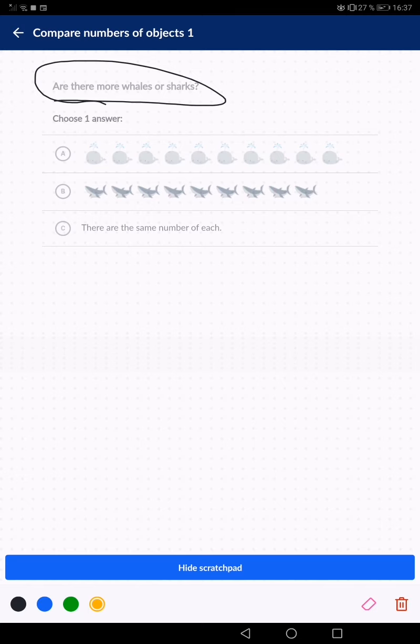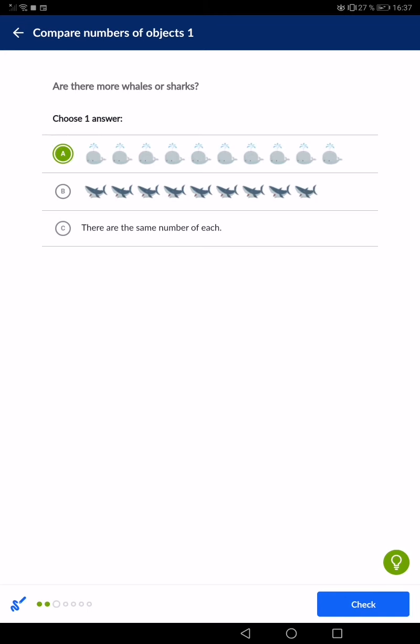No, this is not good. This is too much isolation, and so kids only get isolated thinking installed in their brain. Khan Academy, not good. Are there more whales? There are more whales.